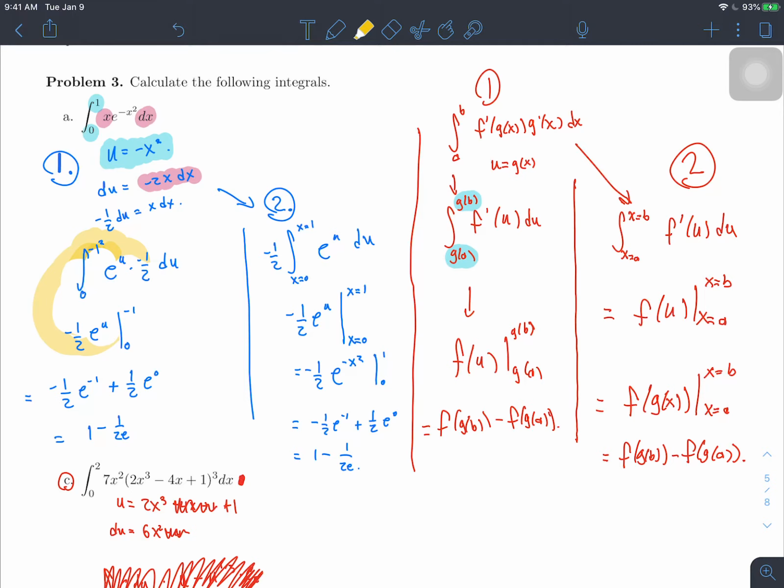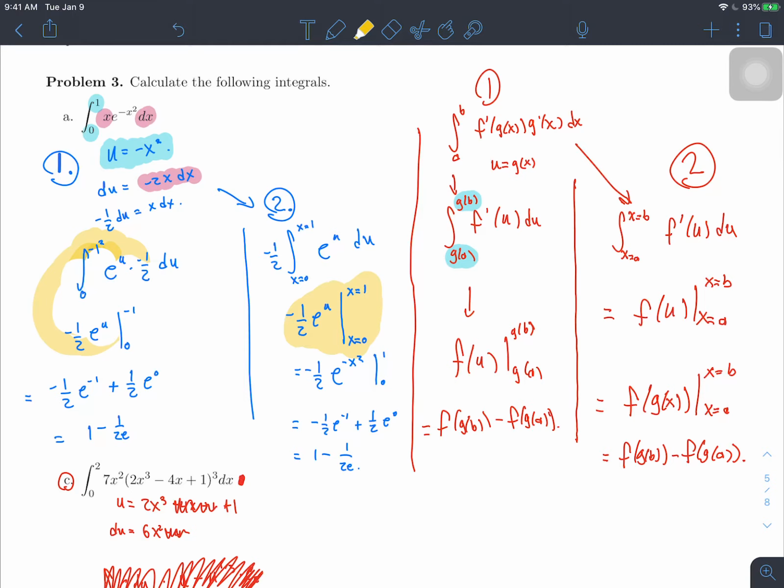Some calculus students do prefer using method 1 just because it stops them from falling into the very common mistake of accidentally plugging the x values in for u. So let me draw your attention to this part right here where we have negative 1/2 e to the power u evaluated at x equals 0 and x equals 1.